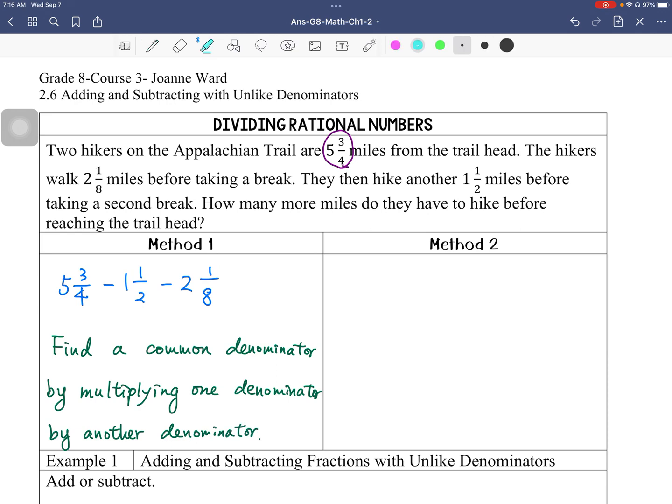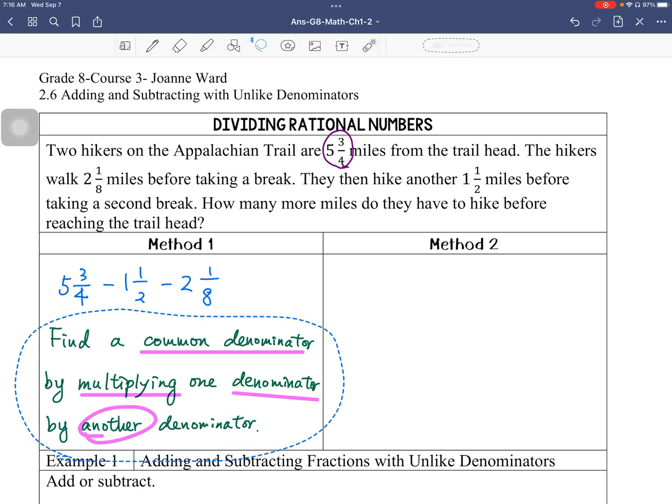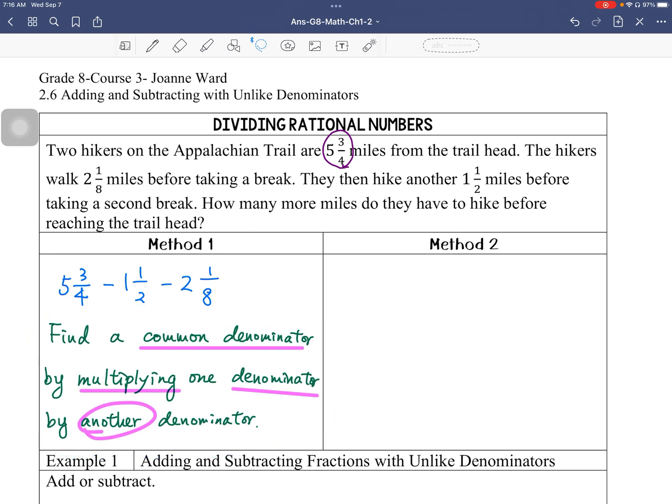So I want to find a common denominator here. Find a common denominator by multiplying one denominator by another denominator.